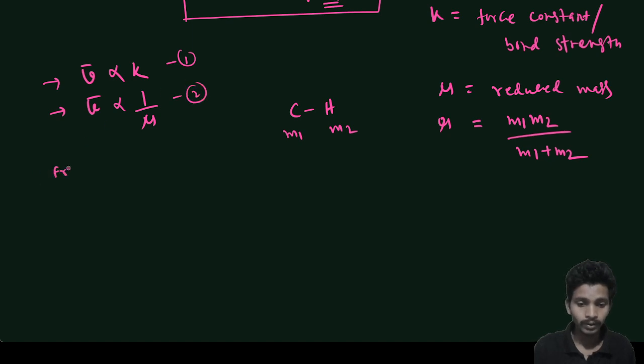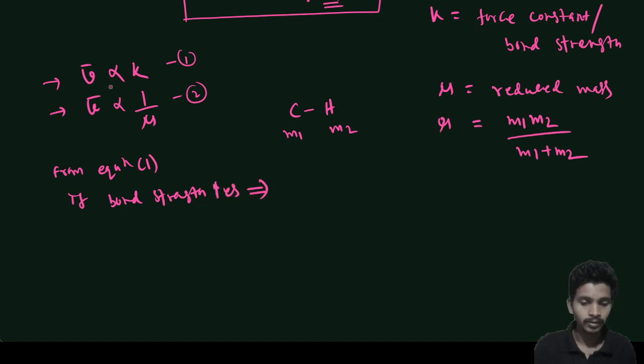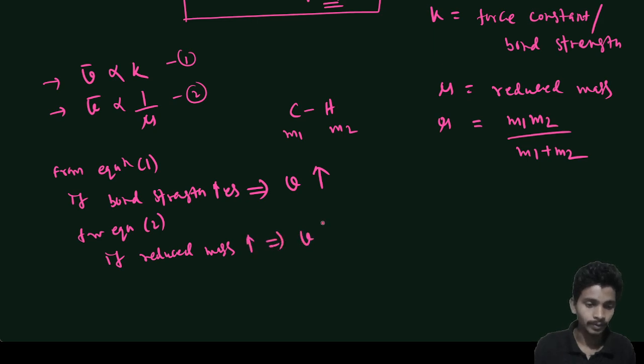From equation 1, if k, that is bond strength, increases, then the stretching frequency increases, because it is directly proportional. From equation 2, if the reduced mass increases, then the stretching frequency decreases.